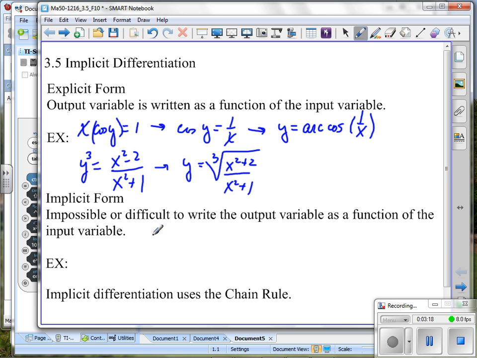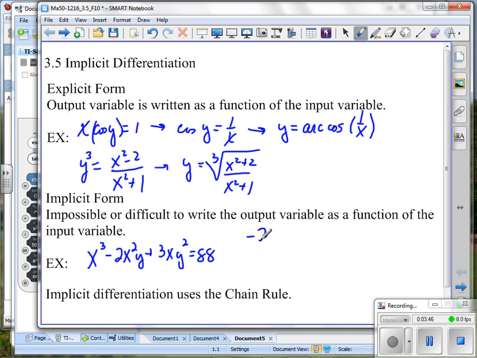But take a look at this one. x cubed minus 2x squared y plus 3xy squared equals 88. Can we write this as y equals? On first glance you say, well, what's the problem? Subtract x cubed from both sides. Okay, let's do that.